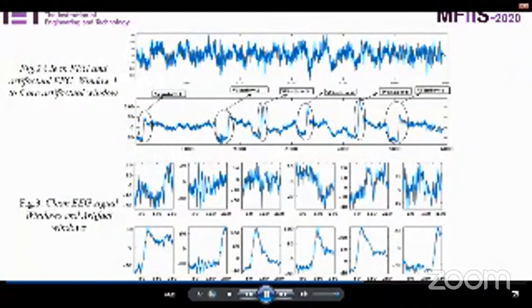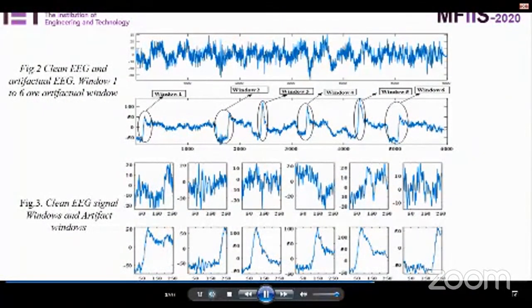Some of the artifactual windows are marked by the ellipse, and in figure 3 some clean EEG windows and artifactual windows of sample size 256 are displayed.